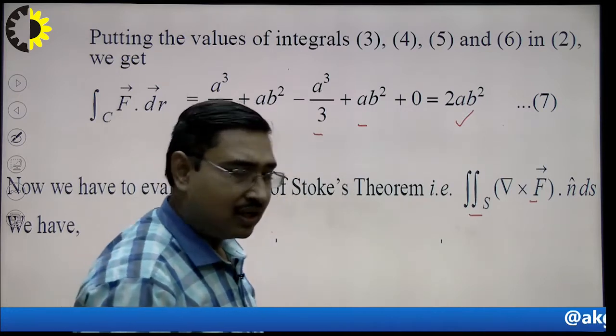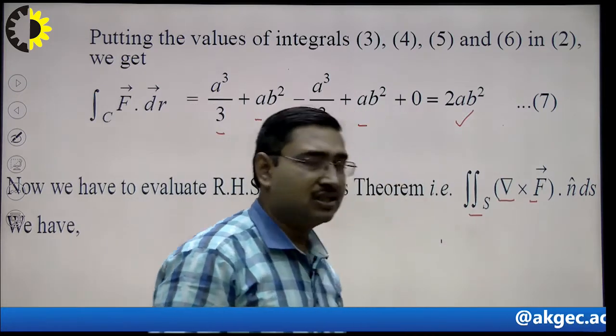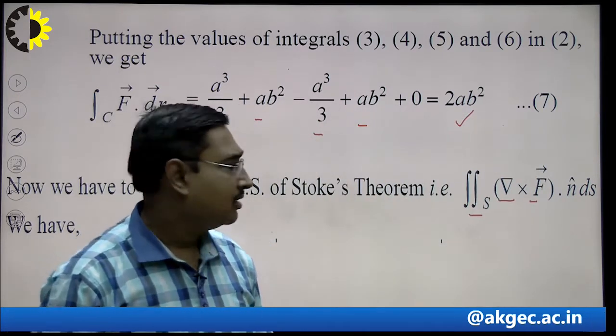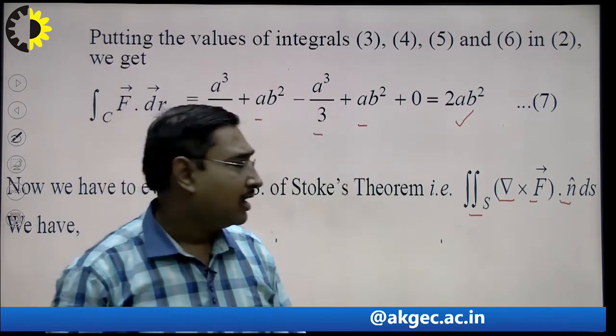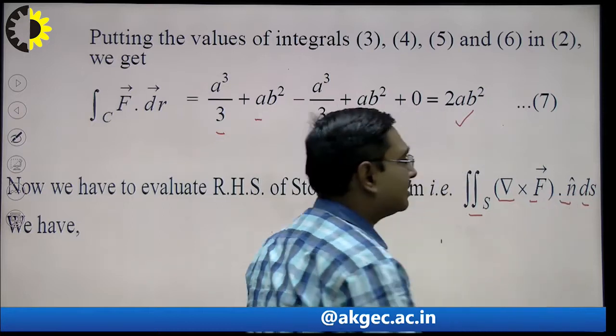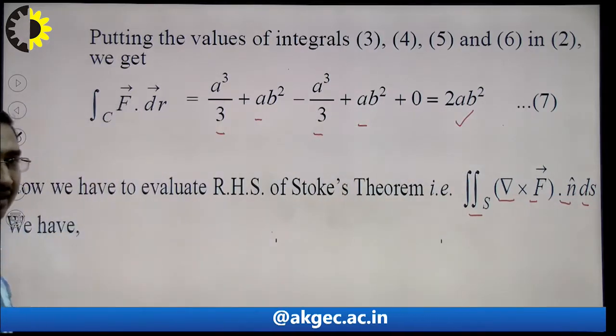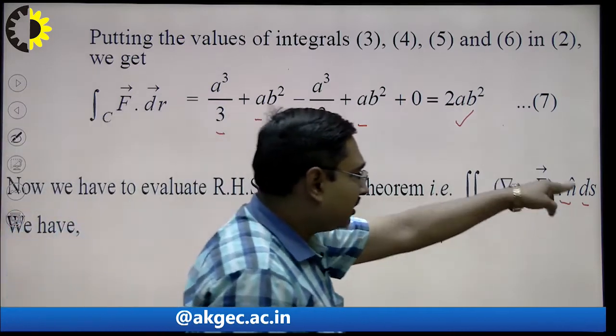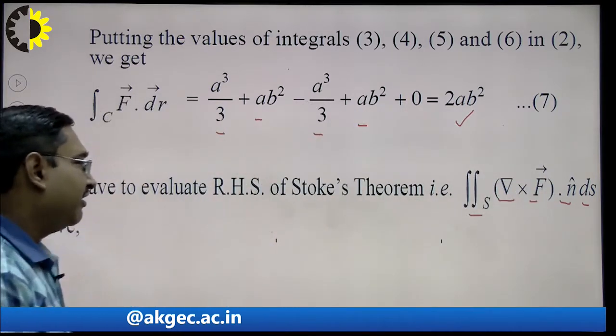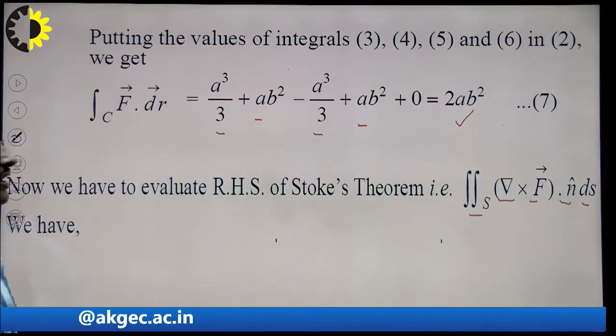I shall first calculate this del cross f by the formula of curl. Then this vector n cap will be calculated. After that, this ds will be calculated as we have learnt during surface integrals, and then substituting these values here, we will evaluate this surface integral.